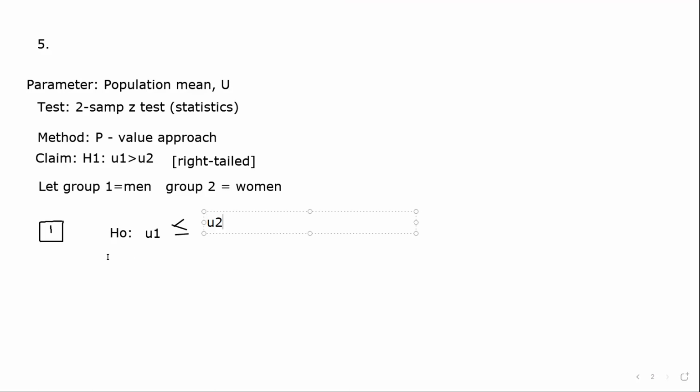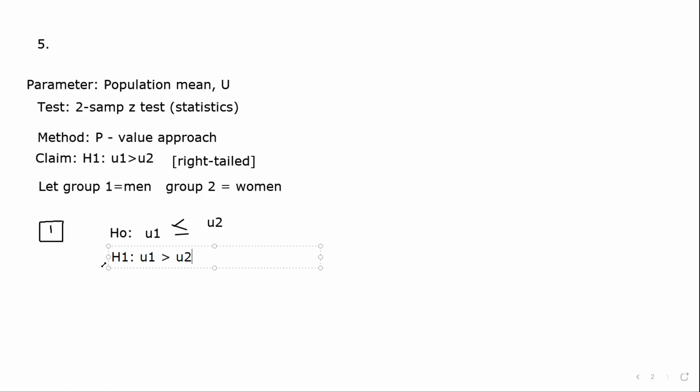Okay, and then our H1 is mu1 is greater than mu2. Men stay longer than women do.